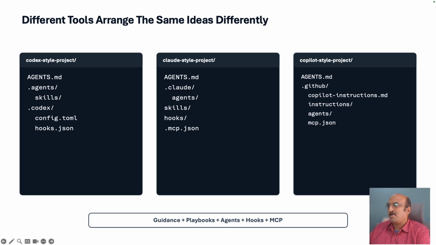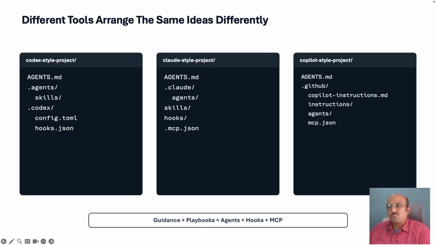This is how it might actually look. They are almost one and the same, just that the file format and naming convention might change here and there. When you are trying to choose any particular framework, don't think that if you learn Claude, you will be stuck with Claude only.